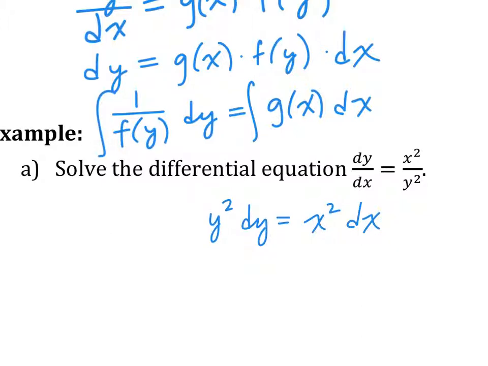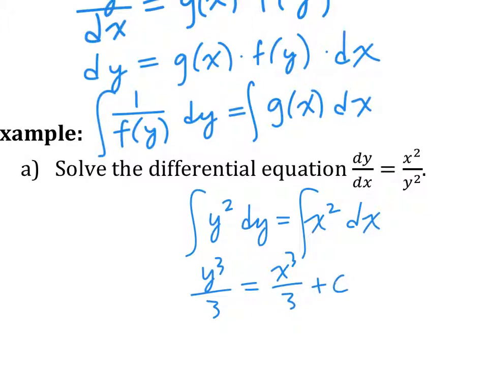Once you have all the y's on one side and all the x's on the other side, you're just going to integrate. The integral of y squared dy is y cubed over 3, and the integral of x squared dx is x cubed over 3, and then we want to add a plus c.